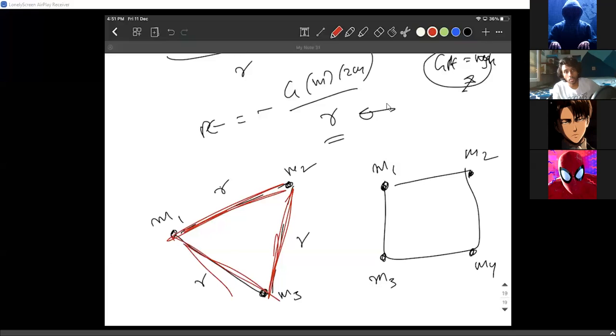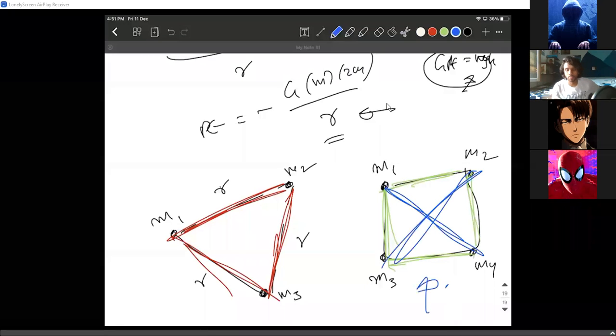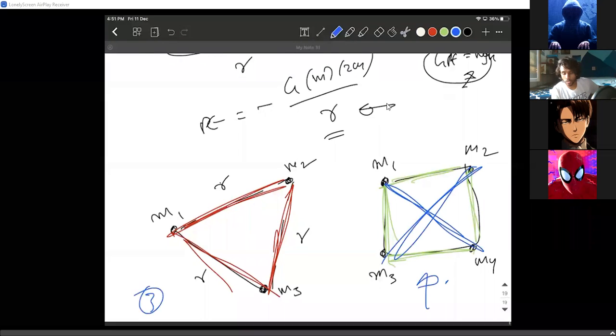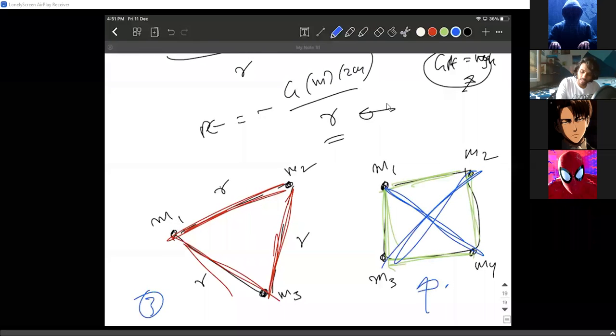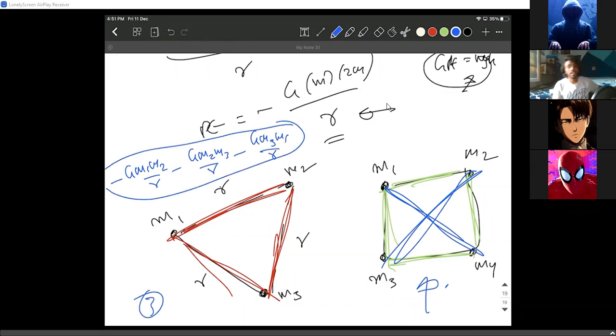You don't have any other new combination here. But with four masses, you have 1, 2, 3, 4, 5, 6, so you'll have to write 6 terms. Here you'll only have to write 3 terms. Gravitational potential energy is a scalar quantity, so all you need to do is simply add them all. So minus G m1 m2 by r, minus G m2 m3 by r, minus G m3 m1 by r. Simply add all that and you'll get the value.